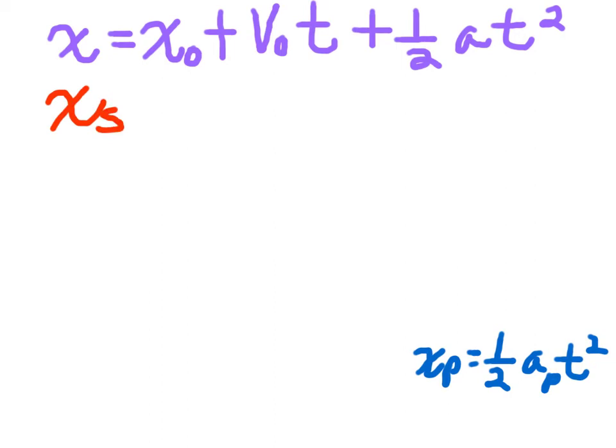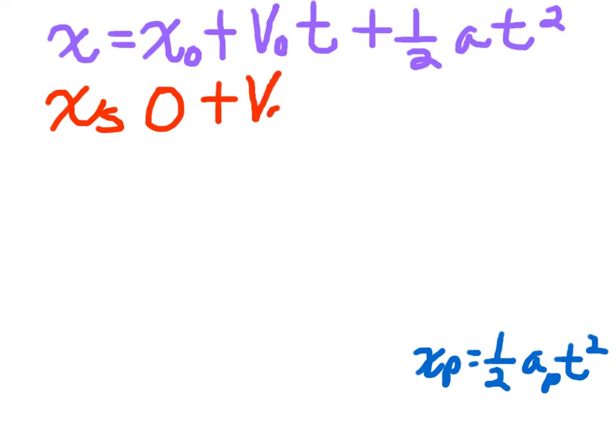Final position of the speeder. I'm looking back at the problem because I did erase the givens, so you might want to look back at the last slide. The speeder had an initial position of 0. We agreed they were both 0. And the speeder's velocity was 17.9 meters per second. Let's not write that.